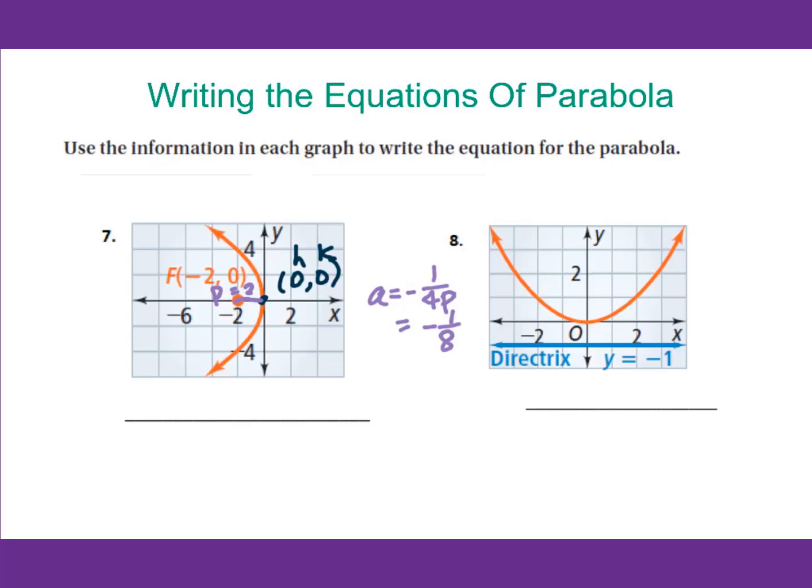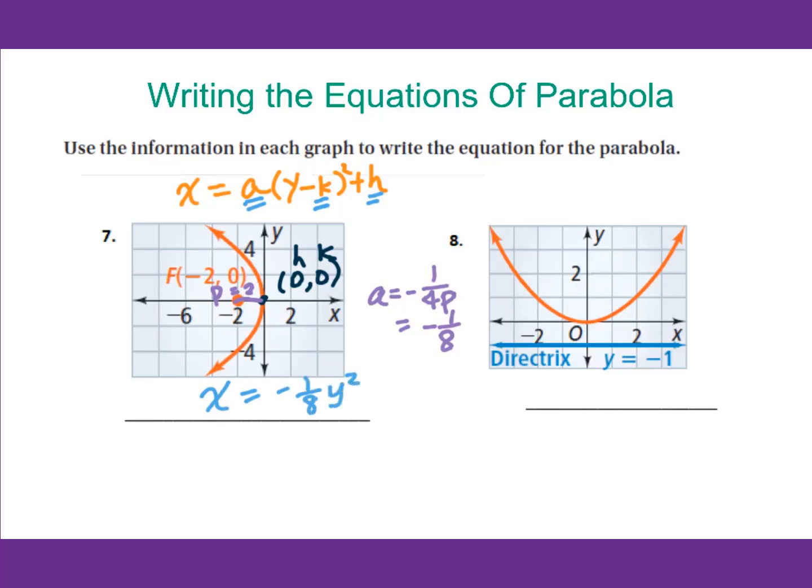This is a horizontal parabola, therefore we have to use x equals a(y minus k) squared plus h. We already know h, k, and we already got a. Therefore, I can write down the equation x equals -1/8 y squared.